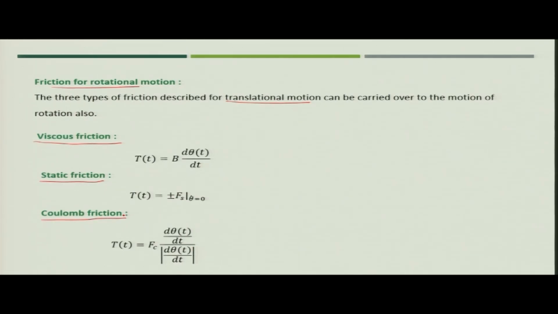Then Coulomb friction T at any time t can be given as Fc d theta by dt divided by mod of d theta by dt. So, this is how we define viscous friction, static and Coulomb friction in the rotating body.